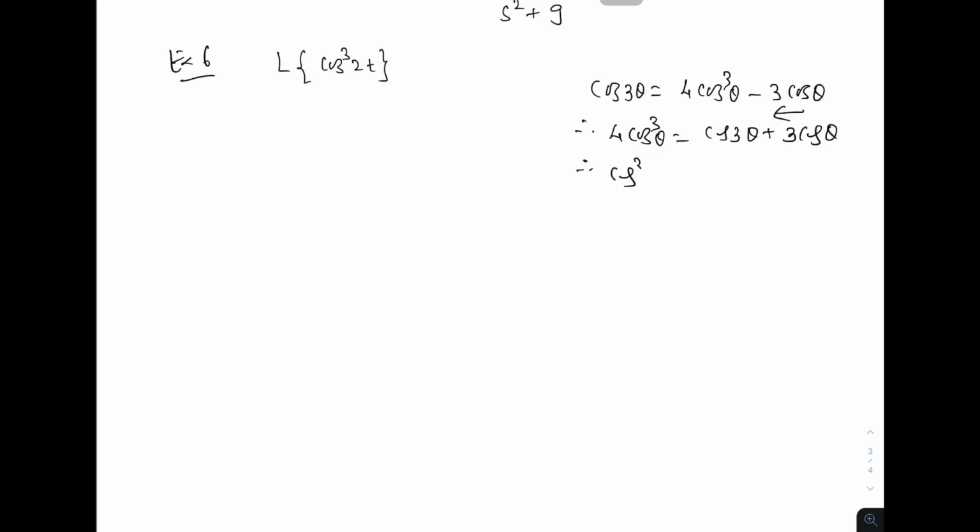and therefore, cosine cube theta is 1 by 4 (cosine 3 theta plus 3 cosine theta). So we use that result here. So Laplace transformation of cosine cube 2t. Now this result is for cosine cube theta. So theta is now 2t. So here 2t, here also 2t.